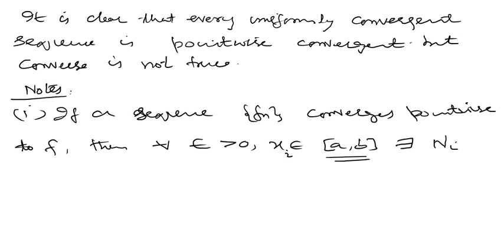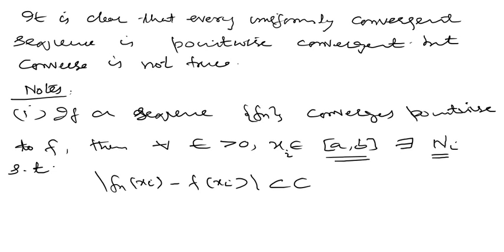So better to write this: for each xi in the interval ab there exists ni. So then it's understood that this ni depends on xi and also on epsilon. For all epsilon positive and xi in the interval there exists ni such that |fn(xi) minus f(xi)| is less than epsilon for all n greater or equal to ni.